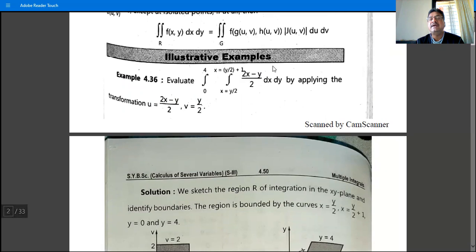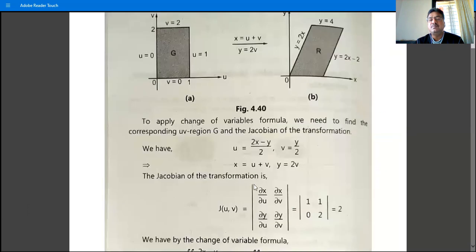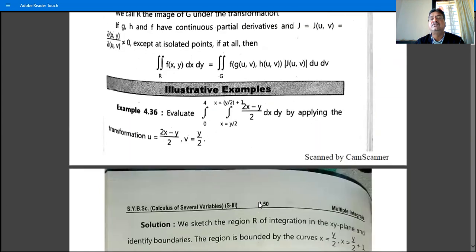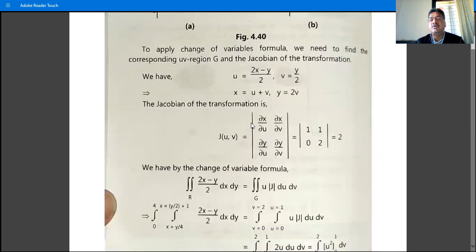Okay, and dx dy is replaced by mod J. So what is mod J? J(u, v) is what? J is the determinant of ∂x/∂u, ∂x/∂v, ∂y/∂u, ∂y/∂v. So J is equal to ∂(x, y)/∂(u, v). So we have to convert x and y in terms of u and v.